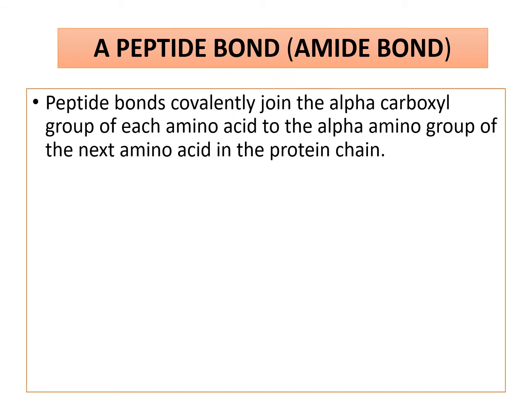The peptide bonds covalently join the alpha carboxyl group of each amino acid to the alpha amino group of the next amino acid in the protein chain. And that is exactly what I was talking about in the previous slide, right? Remember, you have here one amino acid and another amino acid here.